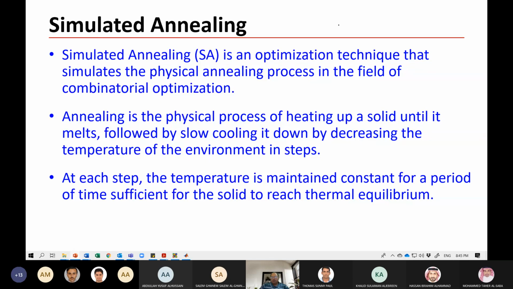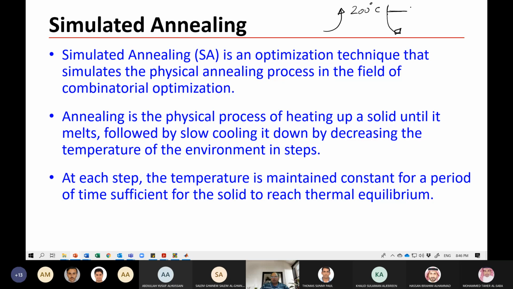For example, if you heat it up to 200 degrees centigrade, then we need to cool it down, but this cooling will be in steps.